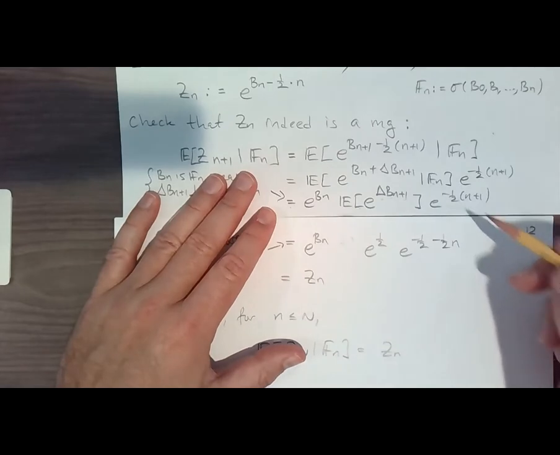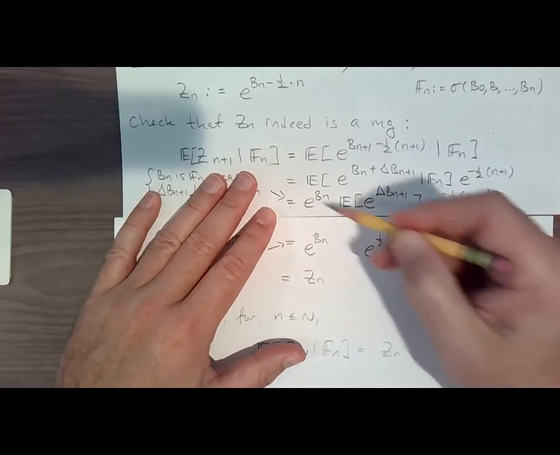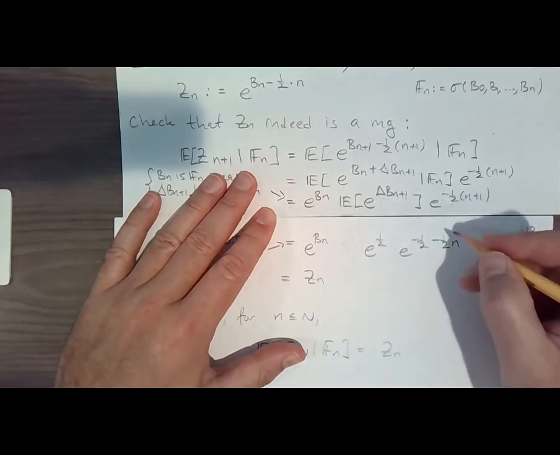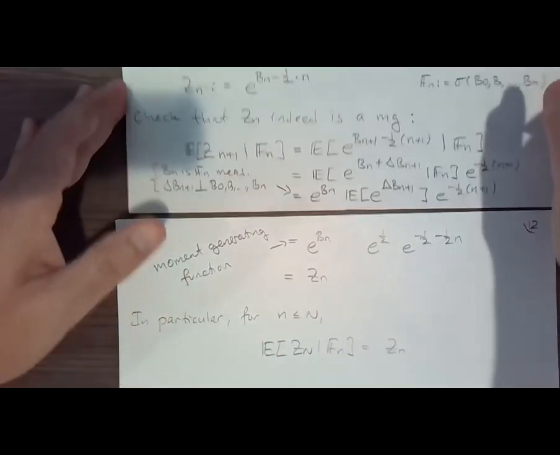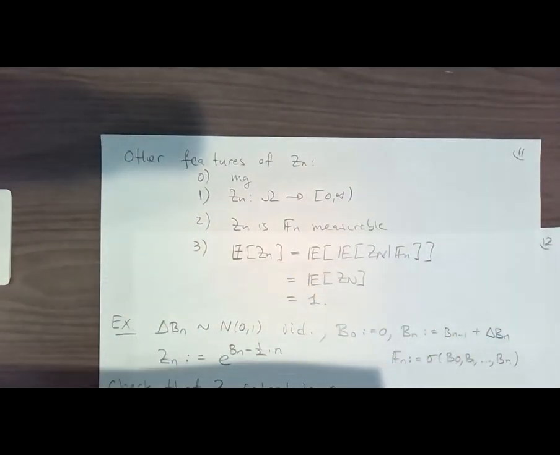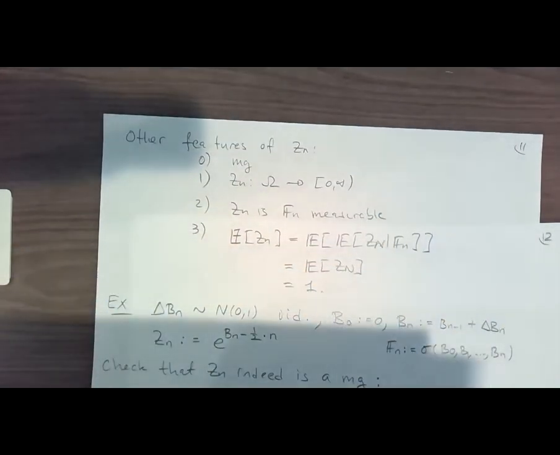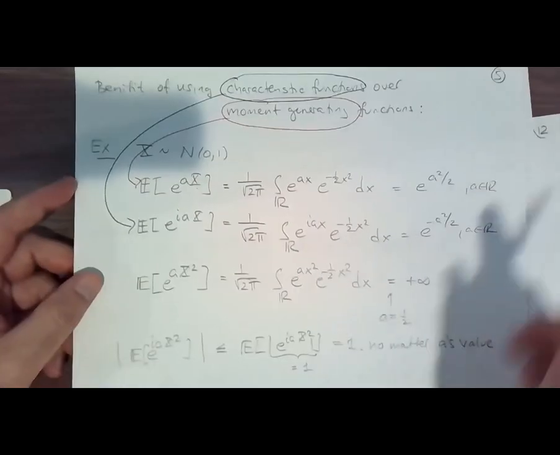Maybe this is clear, right? So this term is the same as that one. This term here is the same as that one. And this term here is the same as that one. So the moment generating function was what? Let's flip back to the one that we copy pasted from Mathematica. That was this one here.